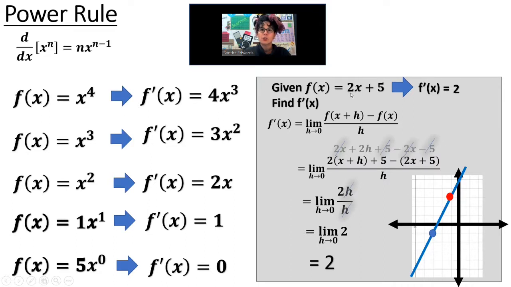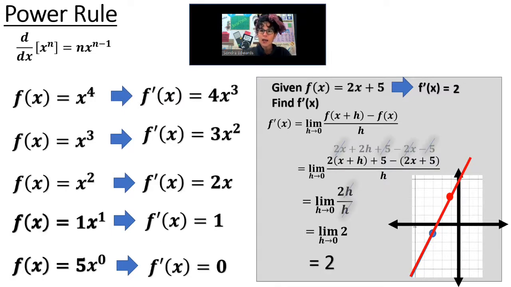So we'd end up with 2x to the 0, but 2x to the 0 is 2. And then the derivative of 5, well, that's like 5x to the 0 and 5. Those are the same thing. So the 0 comes to the front, and we have 0 times x to the negative 1, which is just 0. Okay, so I could use the power rule twice there, and I get 2.